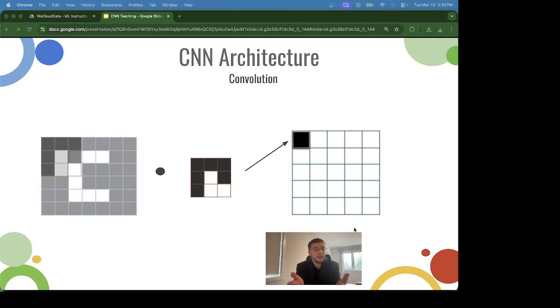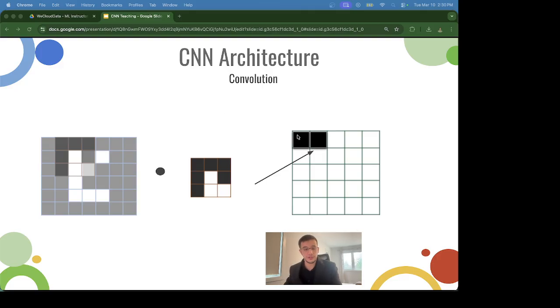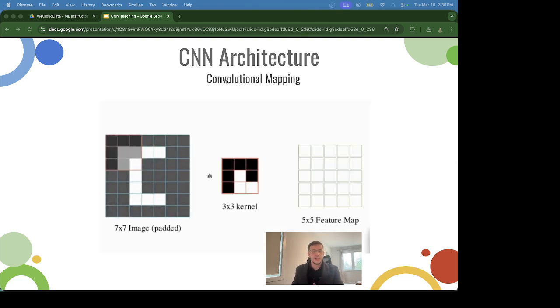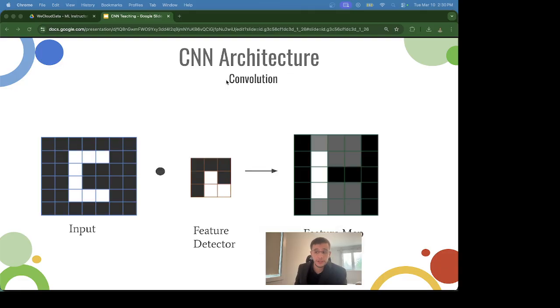Now I've converted it from a number to a pixel here, but you get the point. And you slide it to the next, and you get another value. All right, at the end now, we've got a feature map.